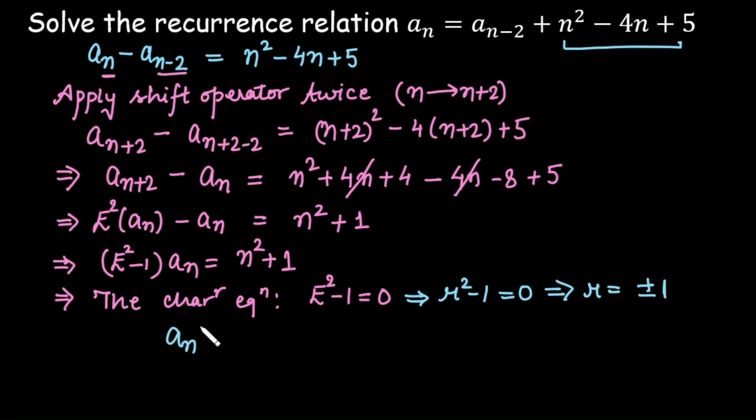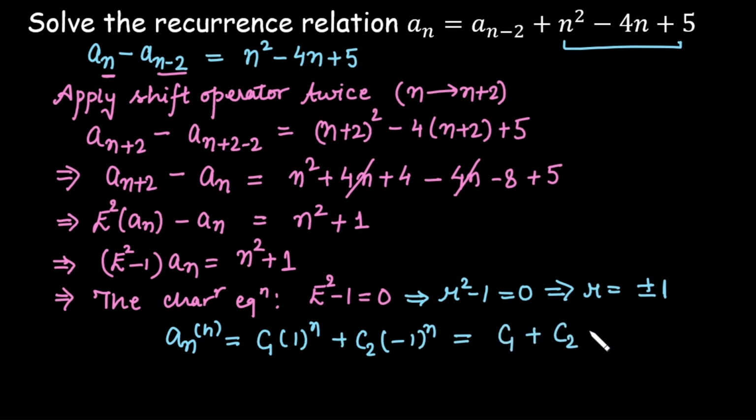So the homogeneous solution for this recurrence relation is first constant times first root raised to power n plus second constant times second root raised to power n. Or we can write from here c1 plus c2 times (minus 1) raised to power n. This is the homogeneous solution.